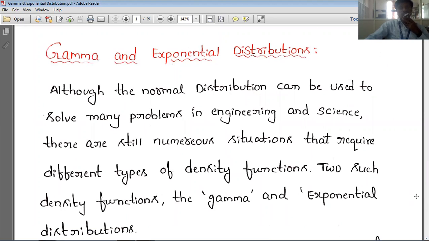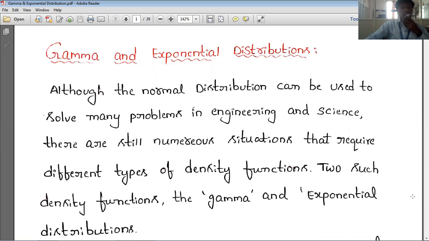By using normal distributions, we can calculate problems with density functions. But some density functions may not be possible to calculate using normal distributions. For those, by using gamma distributions, we can easily calculate such types of density functions.